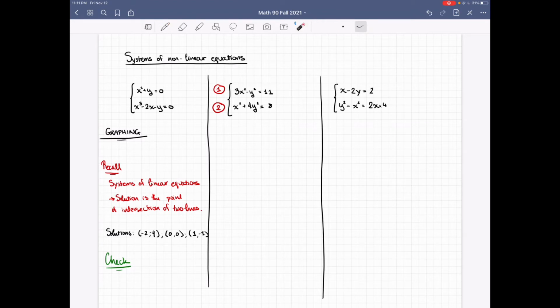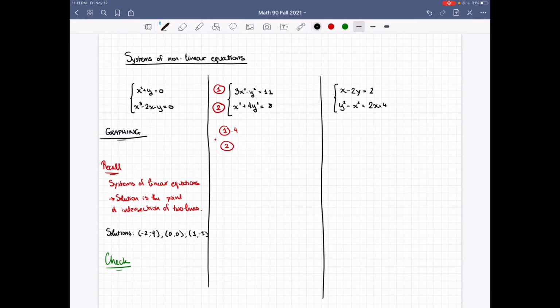You can see that in my top equation, I have negative y squared, and in my bottom equation, I have plus 4y squared. So a nice clean way to eliminate here is to eliminate the y's. I'm going to take the first equation, multiply it by 4, and add it to the second equation.